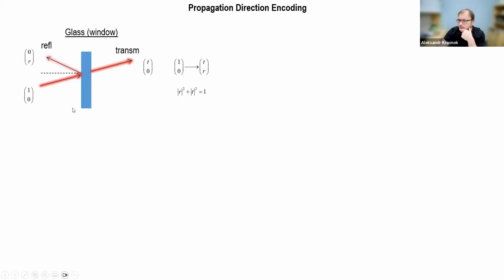Okay, and the first point to notice here is the behavior of a single photon with a piece of glass, like with a window. You know that if you have light, it propagates through the window.